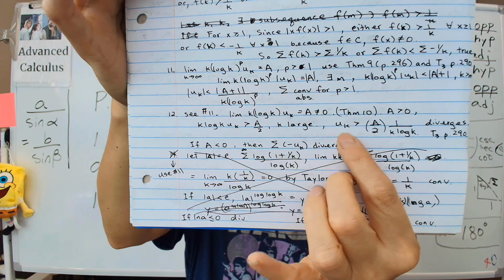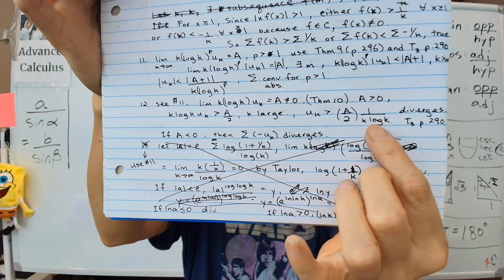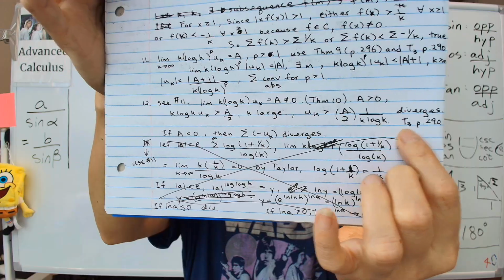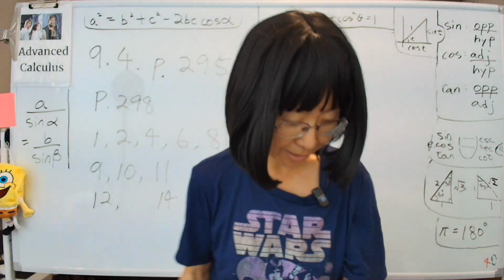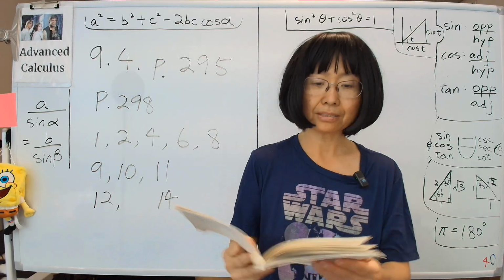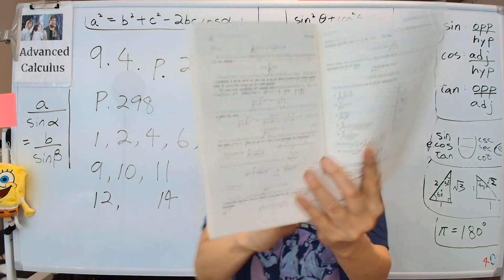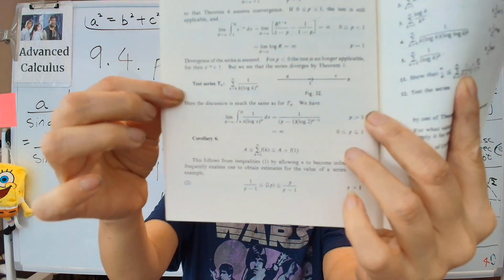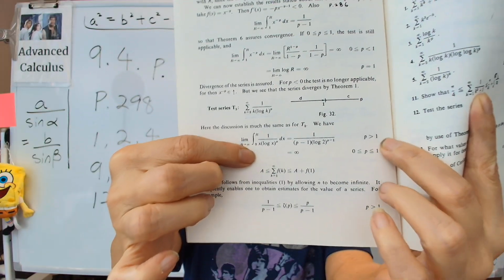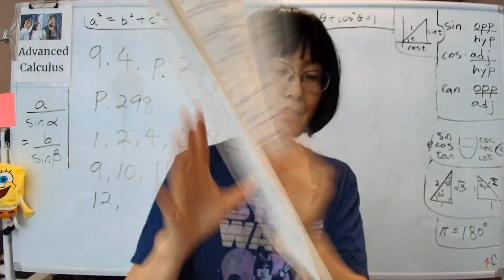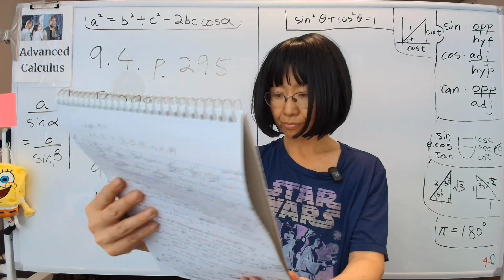Then we rewrite terms, then u_k is bigger than this thing right here, and this thing diverges by the test T3. Let's look at it again. Test T3 says on page 290 that it diverges for p equal to 1. Okay, right down here. So therefore, our series diverges.